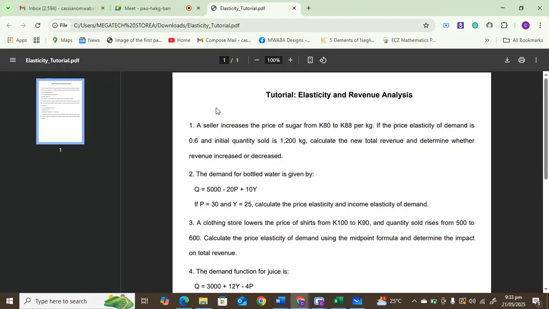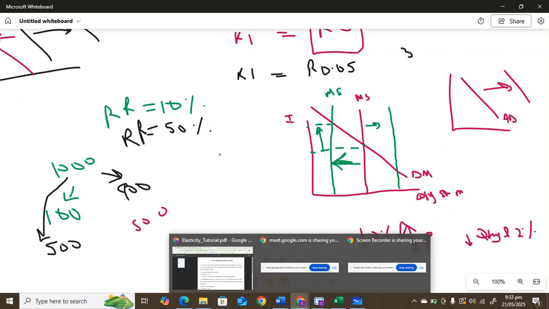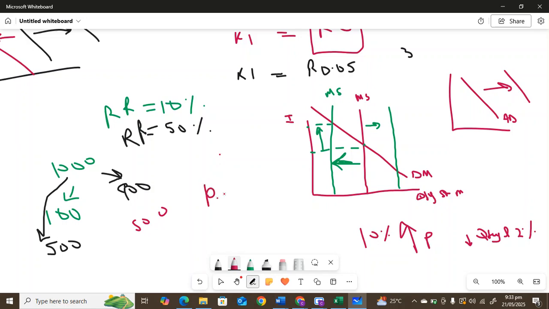Price can increase by 10%, and quantity demanded will reduce, maybe by 2%. This is an example of inelastic demand. And remember, when your price elasticity of demand, PED, is less than 1, then demand is inelastic.